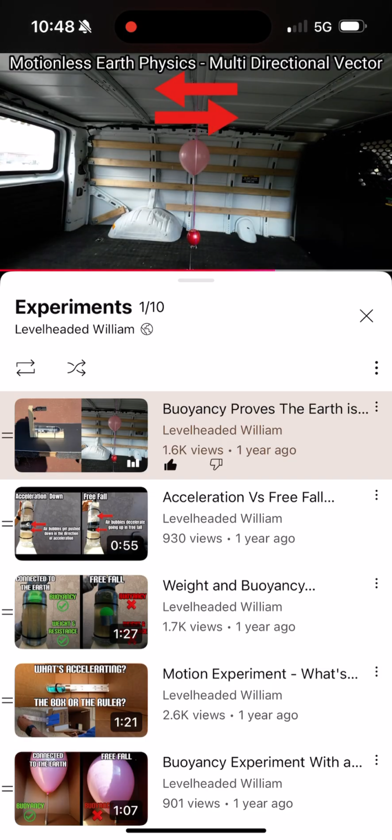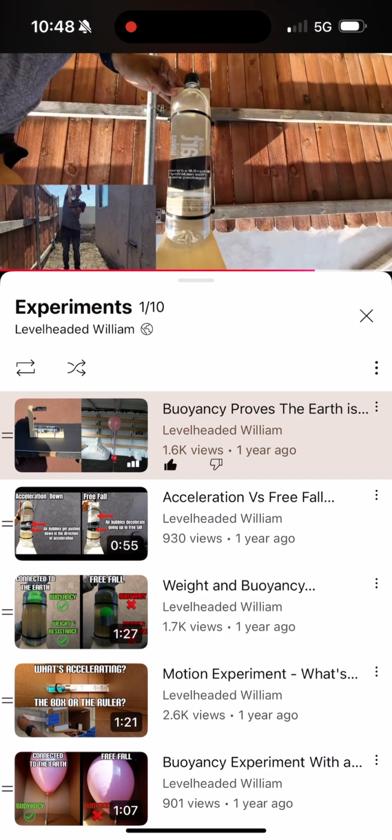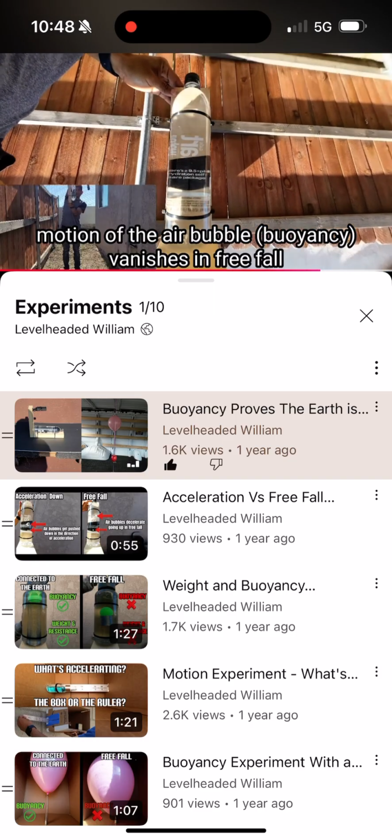In order for the Earth to be motionless, you need a force moving in opposite directions at the same time to be able to accelerate the apple in one direction and push the air and helium in the opposite direction without any motion of the container. You would also need this same force to accelerate a container without any displacement or buoyancy.